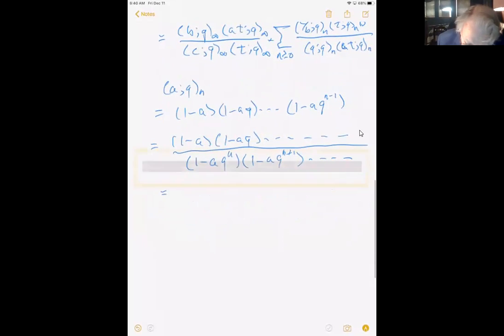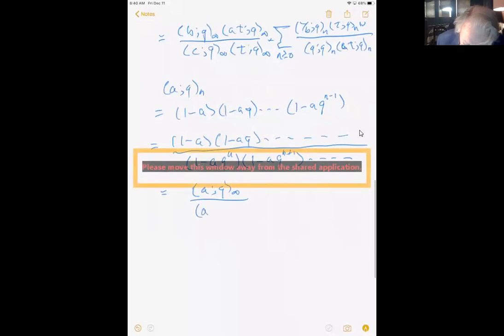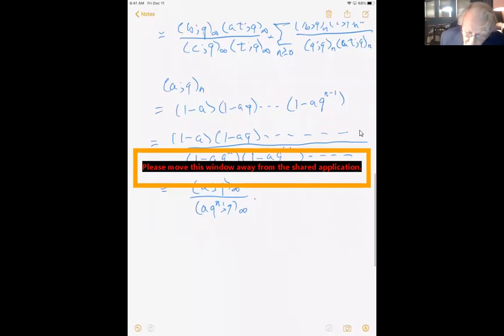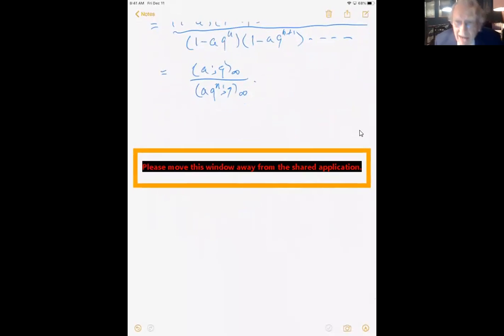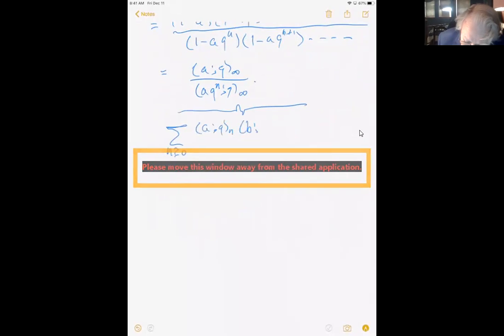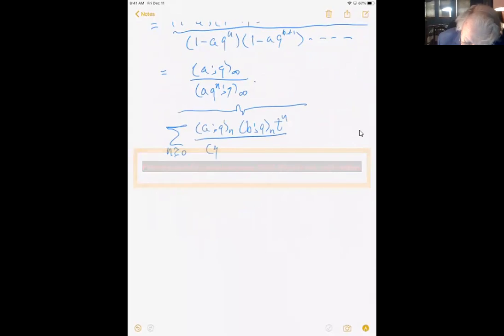So this is (a; q)_infinity divided by (a q to the n; q)_infinity. So here's the way Ramanujan, here's the way Heine, here's the way anybody who proves this result would prove it. You take the summation n greater than or equal to 0, (a; q)_n (b; q)_n t to the n, divided by these two products.